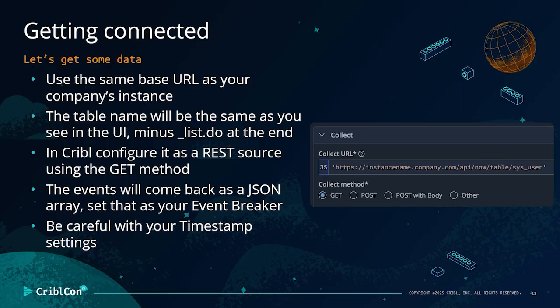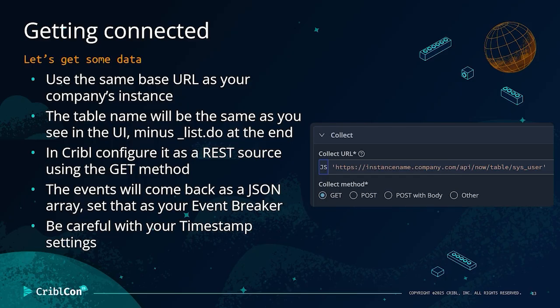So basically, with Connect, it's going to be your basic instance name.servicenow.com or whatever your company specific URL is. Then api/now/table, and then the name of the table. The name of the table is going to be what you're seeing in the UI if you're going in there and looking at it. But within the UI, it will have _list.do appended to the end.